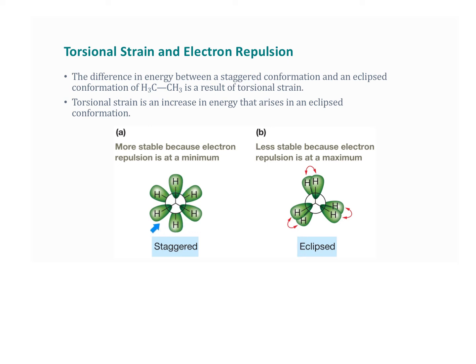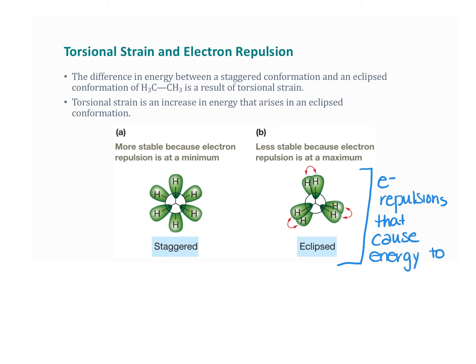So these are all carbon-hydrogen bonds, are closer in an eclipsed conformation, resulting in electron repulsions that cause energy to rise. So here we end up with electron repulsions that cause energy to rise, okay?